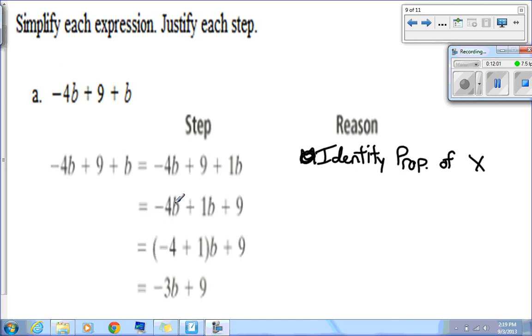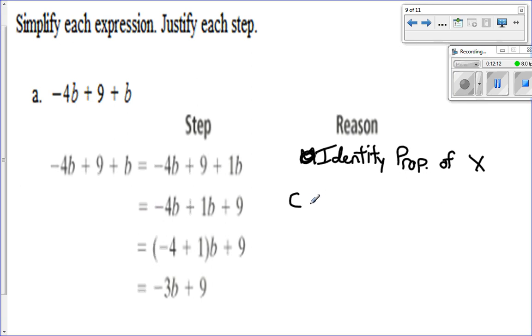Next, I have negative 4b plus 1b plus 9, and I got that from negative 4b plus 9 plus 1b. All I did was switch the 1b and 9, so that's the commutative property, since I'm adding here, of addition.